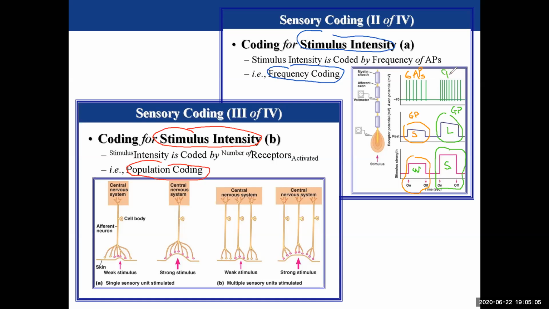So as you can see, the number of action potentials per unit time is proportional to the strength of the stimulus, right? Stronger signal, stronger stimulus, larger graded potential, higher number of action potentials generated per unit time.